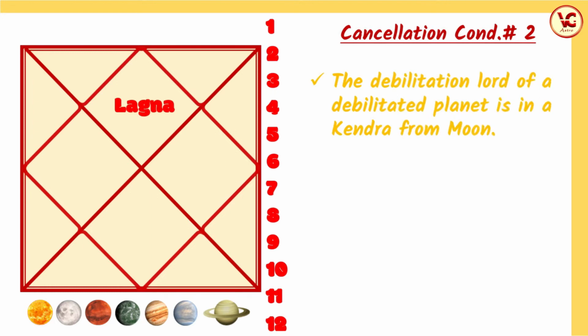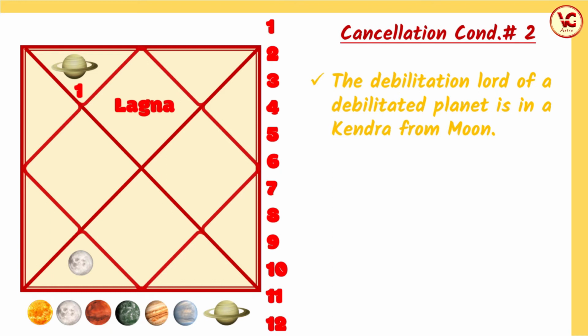Condition number 2: the debilitation lord of a debilitated planet is in a Kendra from Moon. It means in the first condition it was in Kendra from Lagna, now it is in Kendra from Moon. Same example, Aries sign, Saturn is there in debilitation. How can it cancel? When its lord Mars is placed in a Kendra from Moon.